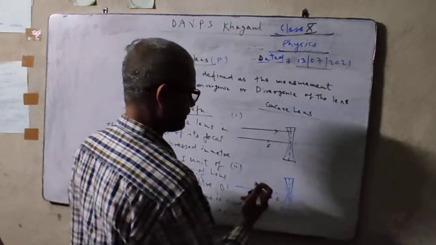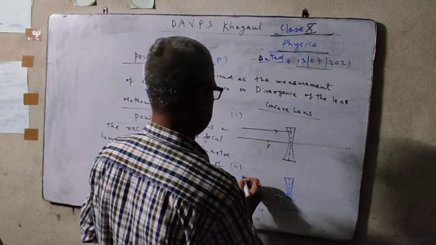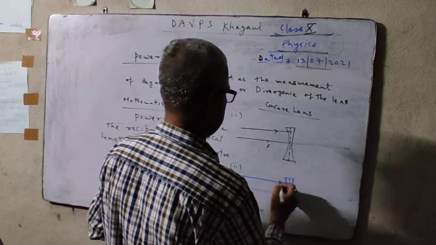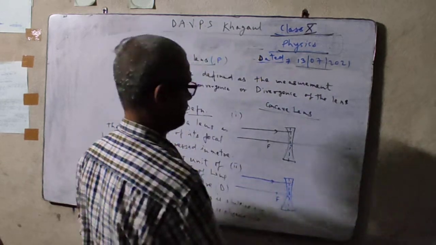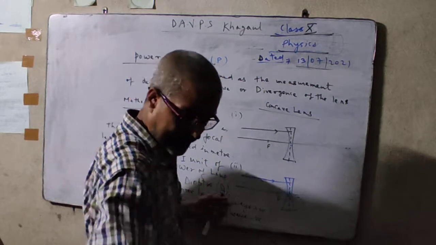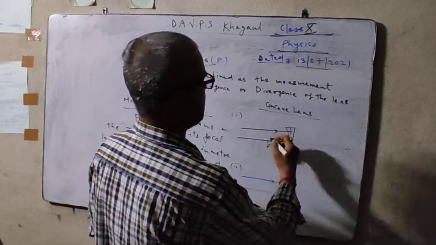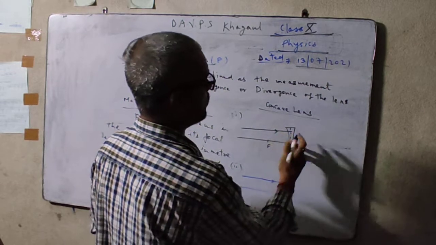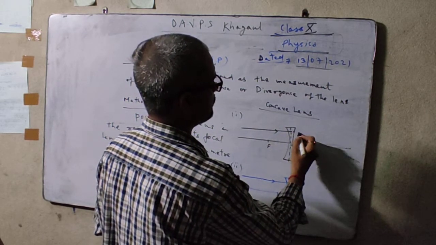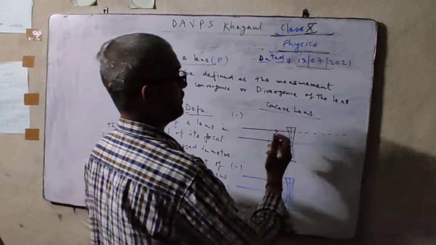So see, in the first, the light ray will diverge through, if there were no concave lens, then what do we see?